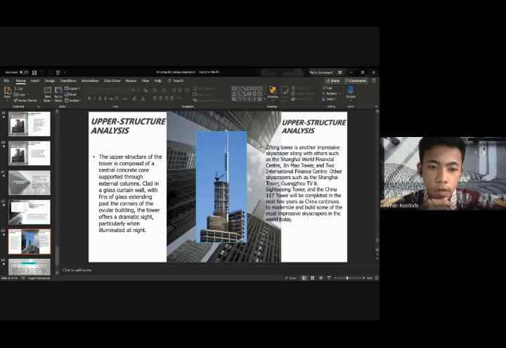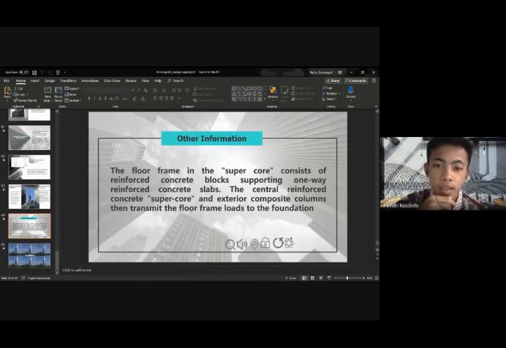The tower offers a dramatic sight, particularly when illuminated at night. Next, other information. The floor frame in the supercore consists of reinforced concrete beams supporting one-bay reinforced concrete slab. The central reinforced concrete supercore and exterior composite columns then transmit the floor frame loads to the foundation.